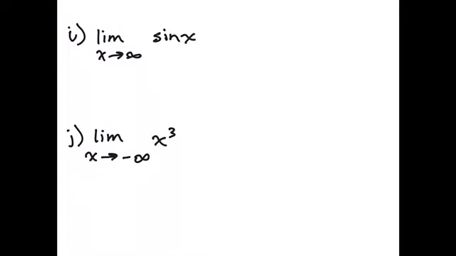Okay, we already discussed sine x, but the other example I gave you was more complicated than just sine x. If I ask you for the end behavior of sine x, what is it doing as I go off to positive infinity? Do I land on one finite y value ever?